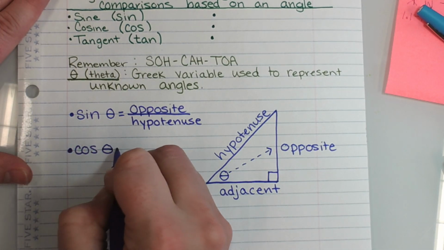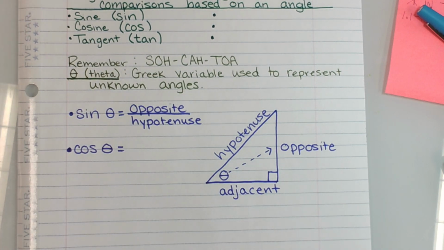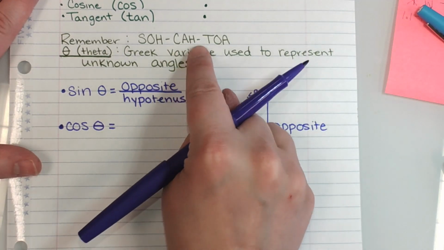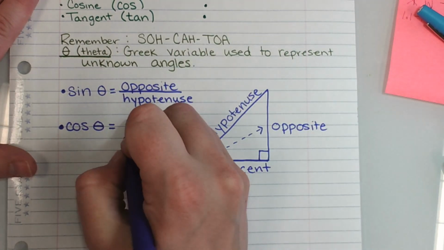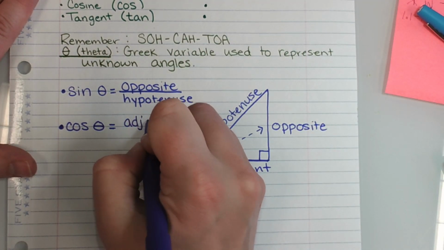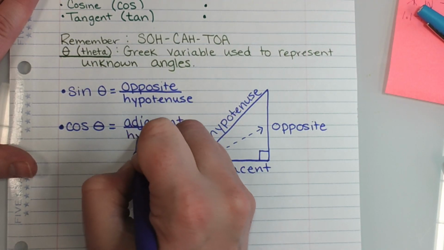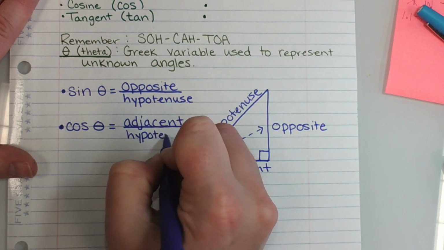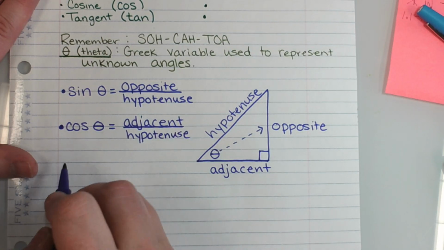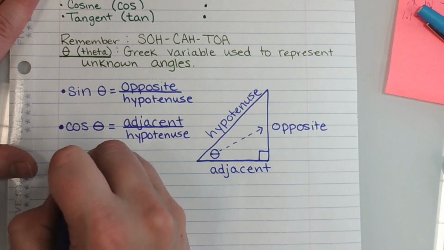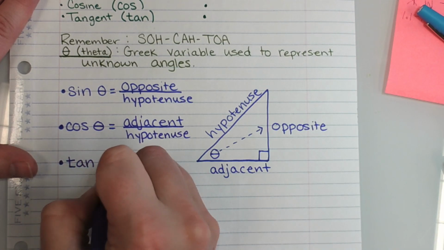Cosine of theta. AH tells us that is the adjacent getting divided by the hypotenuse. Tangent of theta.